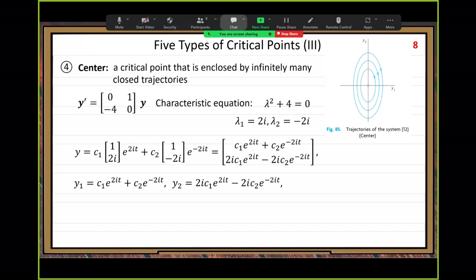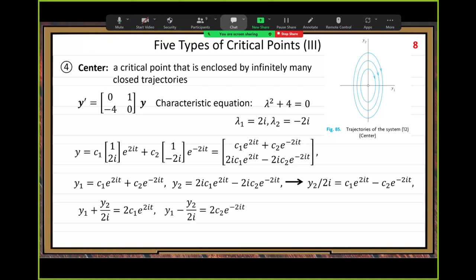To do that, for the second equation I want to divide it by 2i. Then the right-hand side has a structure similar to the right-hand side of y1, so we can do some cancellation. For y1 plus y2 over 2i, the second term cancels out and we double the first term.